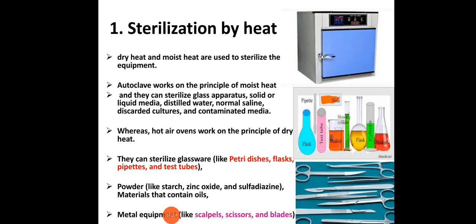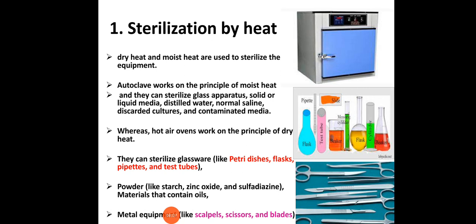They can sterilize glasswares like petri dishes, conical flasks, pipettes, and test tubes. Some chemicals used as powders, like starch, zinc oxide, and sulfadiazine, and materials that contain some oils.